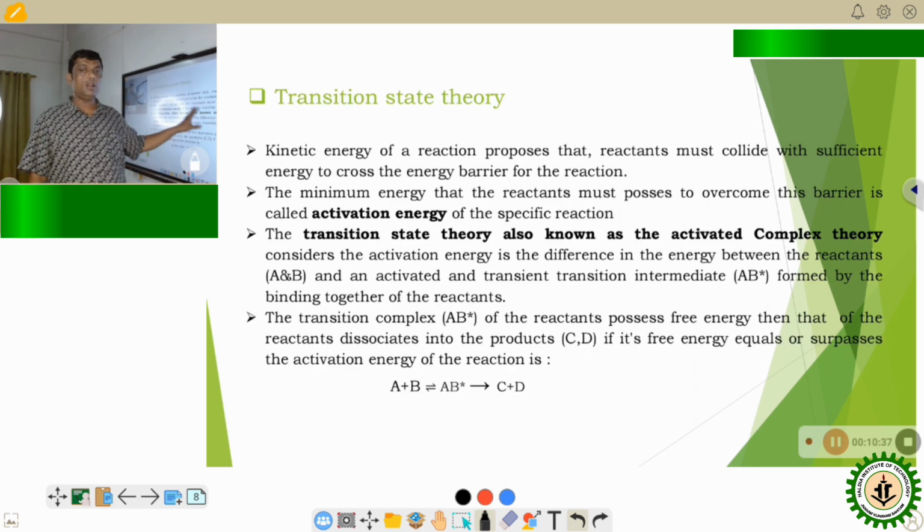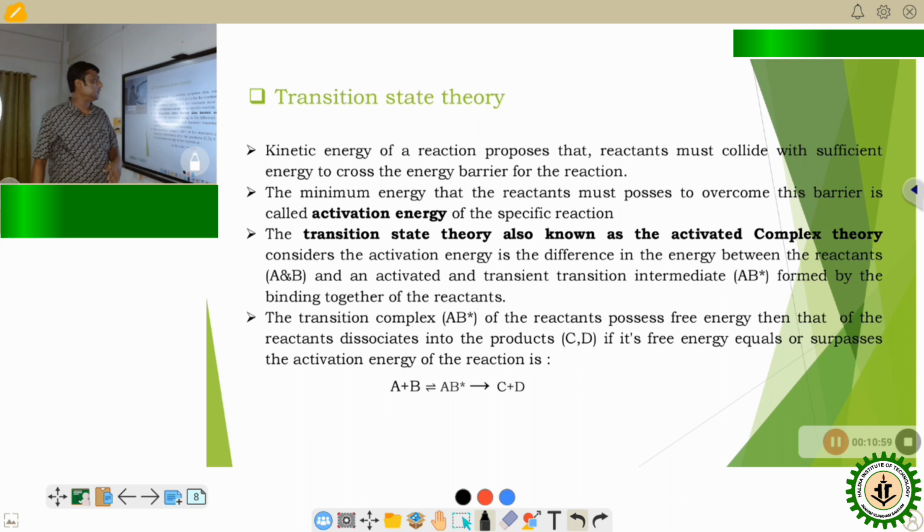Now, the whole chemical kinetics is explained by this transition state theory, which we also studied in physical chemistry. The kinetic theory of reactions proposes that reactants must collide with sufficient energy to cross the energy barrier. We already discussed that.